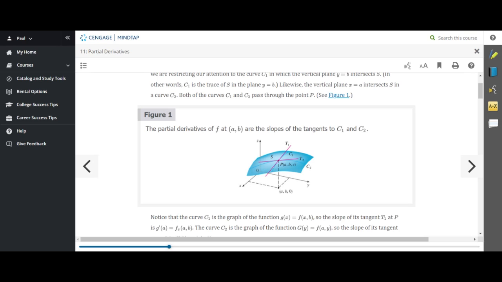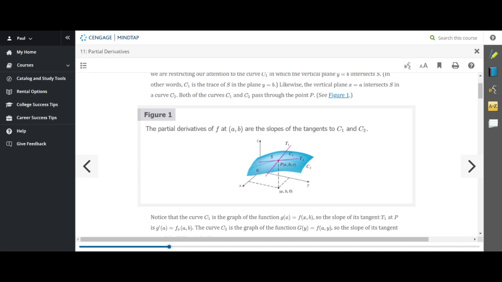So these tangent lines then have slopes. That T1 tangent line has a slope in the direction of the x-axis. It has a rise and a run. Rise over run equals the slope. And the tangent line T2 has a slope in the direction of the y-axis. So I want to say this again. The tangent line T sub 1 has a slope in the direction of the x-axis.